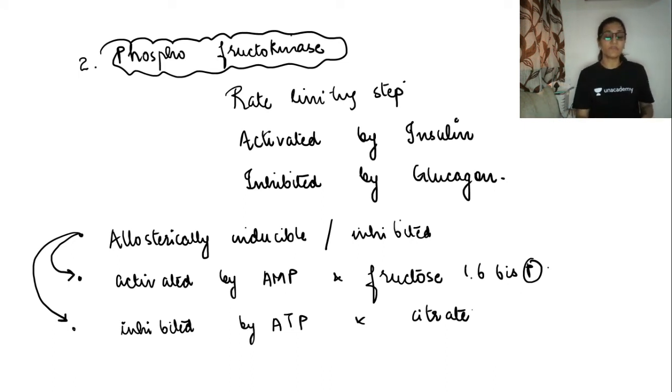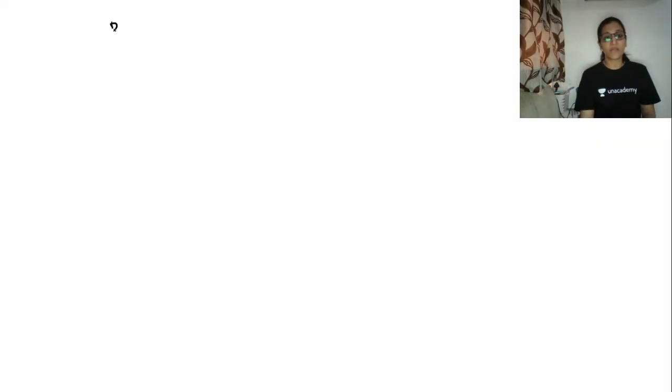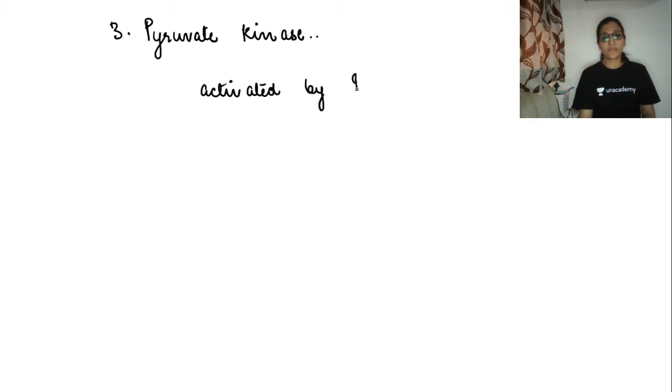Now the third thing which is required for regulation of this pathway is pyruvate kinase. It is activated by insulin and inhibited by glucagon.